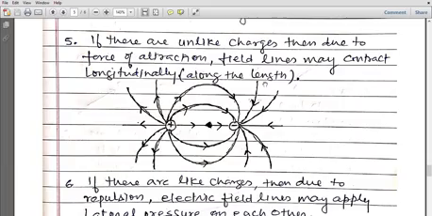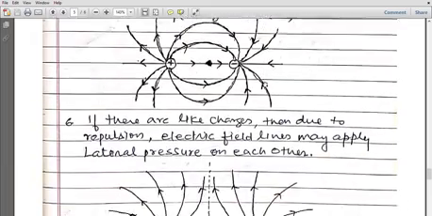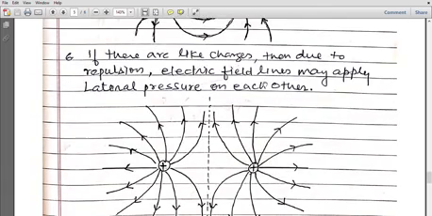force of attraction. But if the charges are like charges, then due to the repulsion, and whenever repulsion is there, lines will repel each other, and when they repel or oppose each other, they feel lateral pressure on each other. Electric field lines may apply lateral pressure on each other.